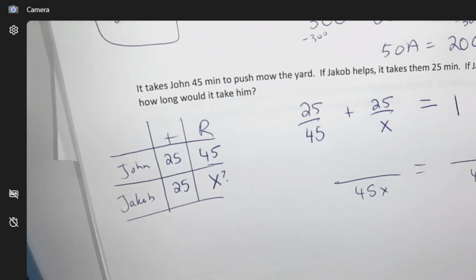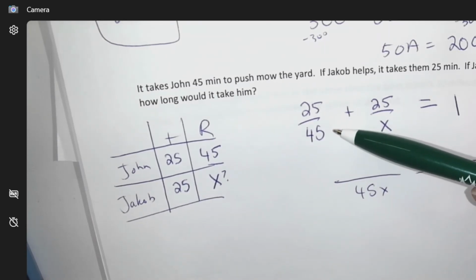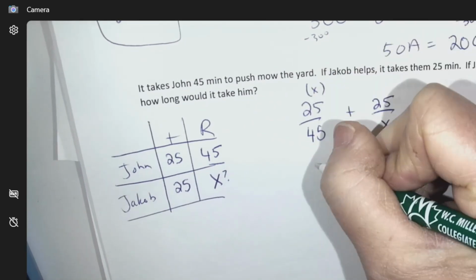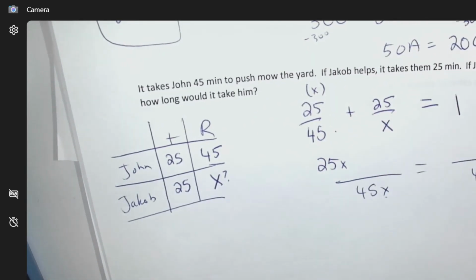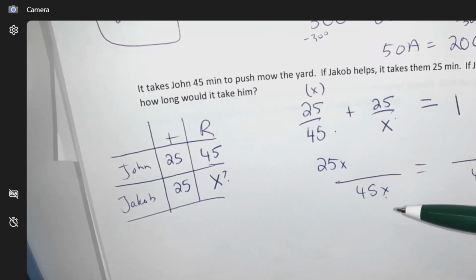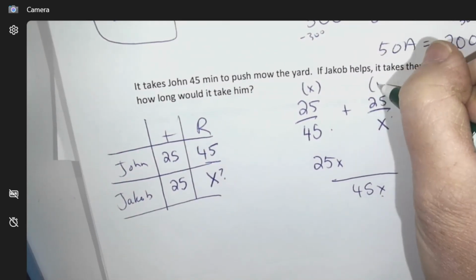And then the process. First fraction, what happened to the bottom? An x. Next fraction, what did it change by? It changed by 45.